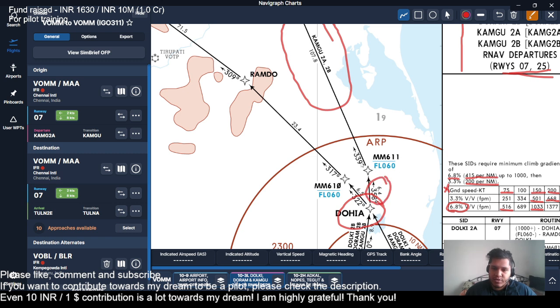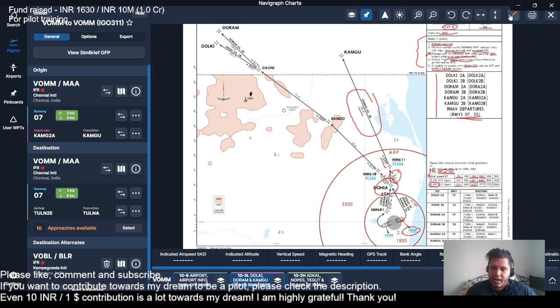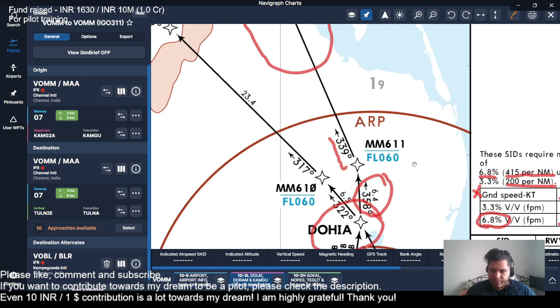After Mike 611 we will turn to 339 degrees, and after 107.8 nautical miles we will be reaching Kamgu, and it is not to scale. So Kamgu, this particular distance is 100.7 nautical miles.